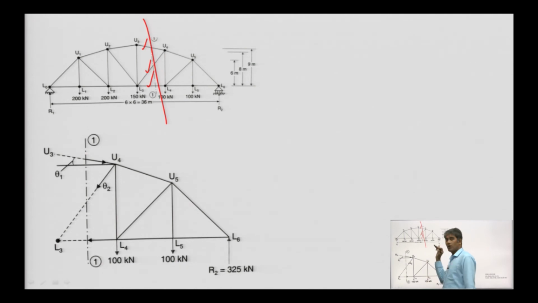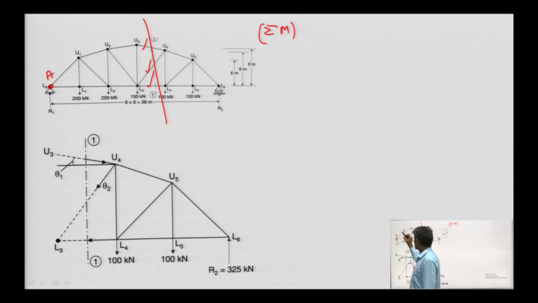To calculate the value of R 2, we need to apply the equilibrium equation on the entire truss, and the value of R 2 can be calculated by applying sigma moment about this point.